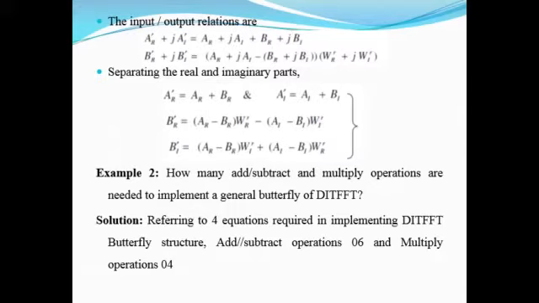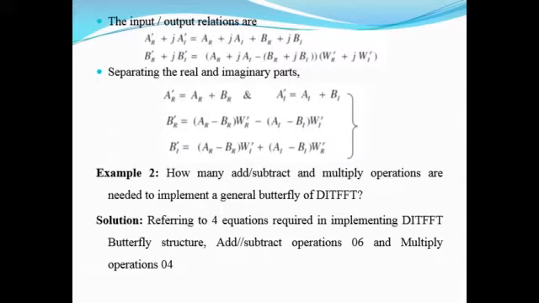Again, this is for A and this is for B. Then we separate the real and imaginary parts. Once we separate them, we get AR dash and AI dash, which are the real and imaginary parts of A, and BR dash and BI dash, the real and imaginary parts of B. So this is how we are going to proceed with the example.